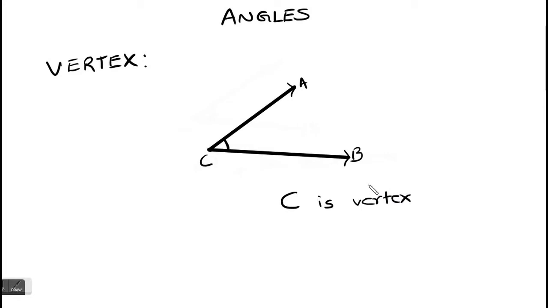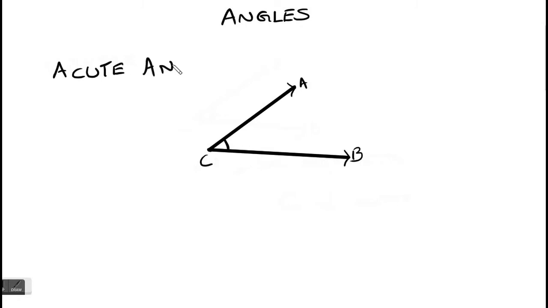And the second thing that we are going to learn is acute and obtuse angle. I'll cover the definition first for acute angle. We are going to learn what is acute angle. Any angle which is less than 90 degree is acute angle.